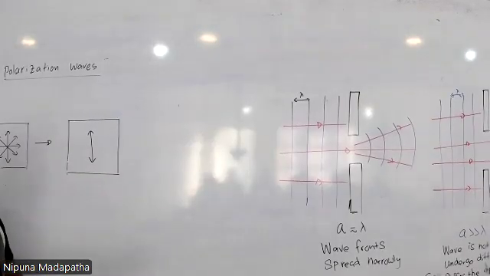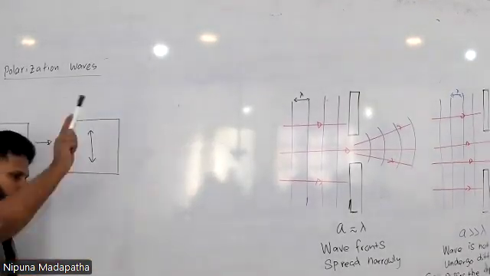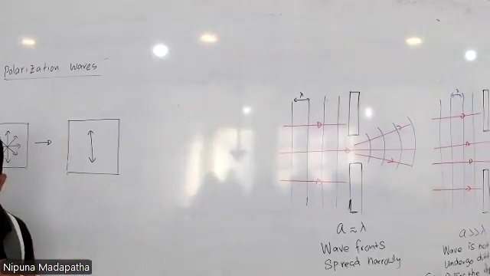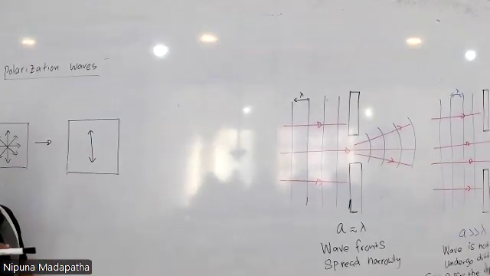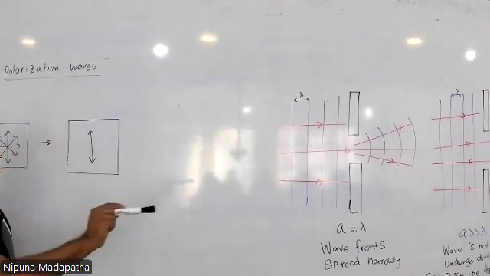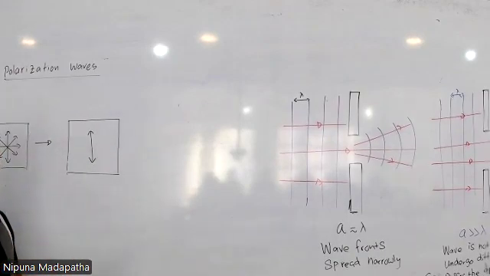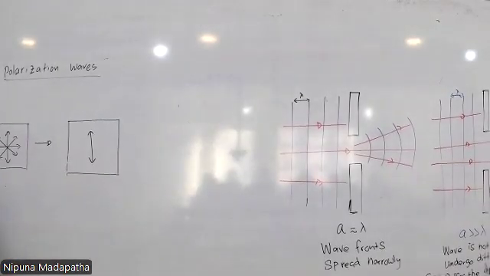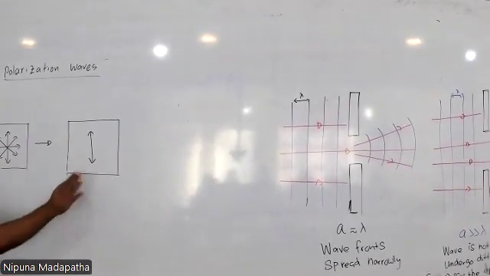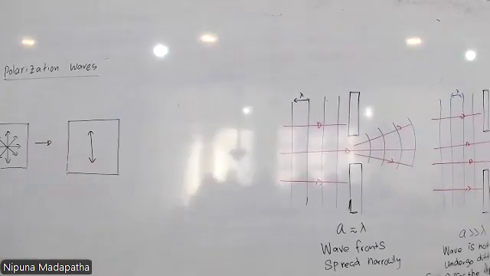Suppose you oscillate a string, and polarization means we limit the oscillation planes of the string to only one plane. That reduces the kinetic energy, so due to polarization the intensity and energy of the wave reduce.